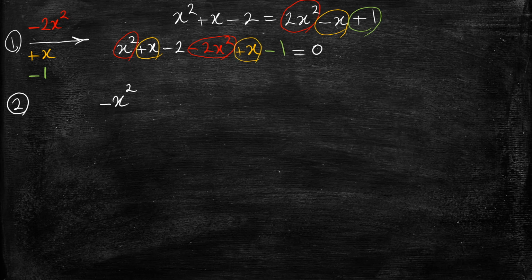So plus x, that's plus 2x. Lastly, negative 2 and negative 1, they don't have any unknown multiplied by them. They're just numbers of the same nature. Negative 2, negative 1, that's negative 3 equals 0. Nice. So we combined all terms. We got our equation into the standard format.